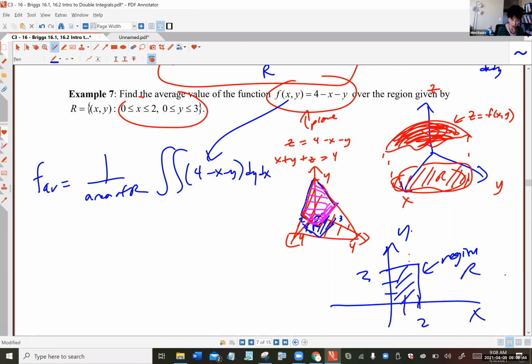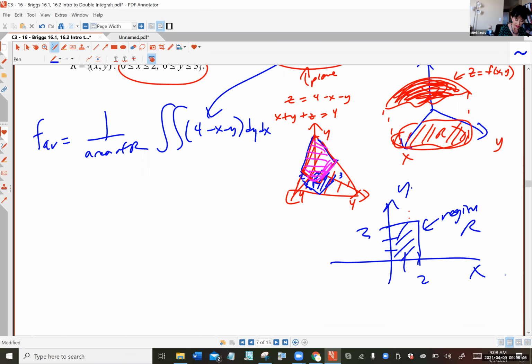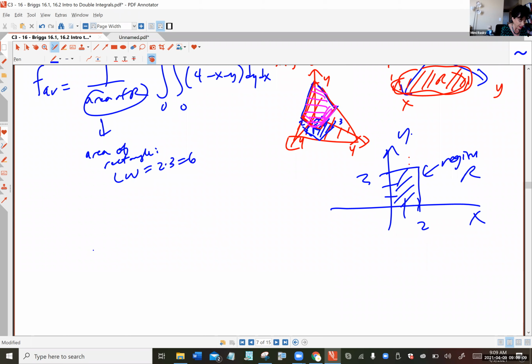There's your region R. So it's easy to put the limits on your double integral. Area of a region, this is too easy. This is the area of a rectangle. Length times width is just 2 times 3, which is 6. So we don't have to do a lot of work to find the area of that region.